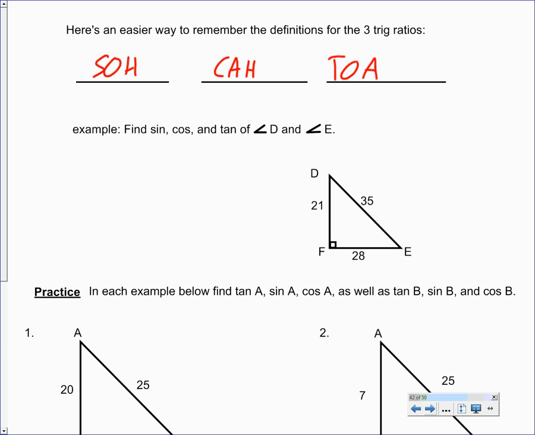This is a way of remembering the definitions for the three trig ratios. SOH stands for sine equals opposite over hypotenuse. The CA stands for cosine, adjacent over hypotenuse. And TOA stands for tangent, opposite over adjacent.